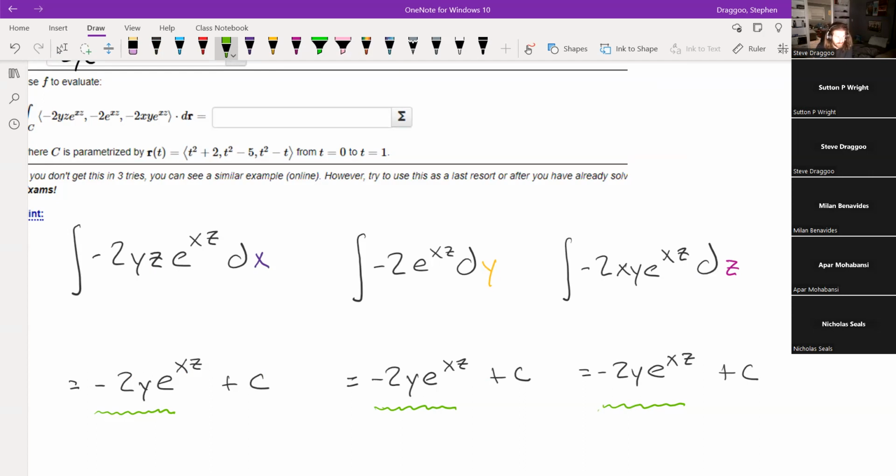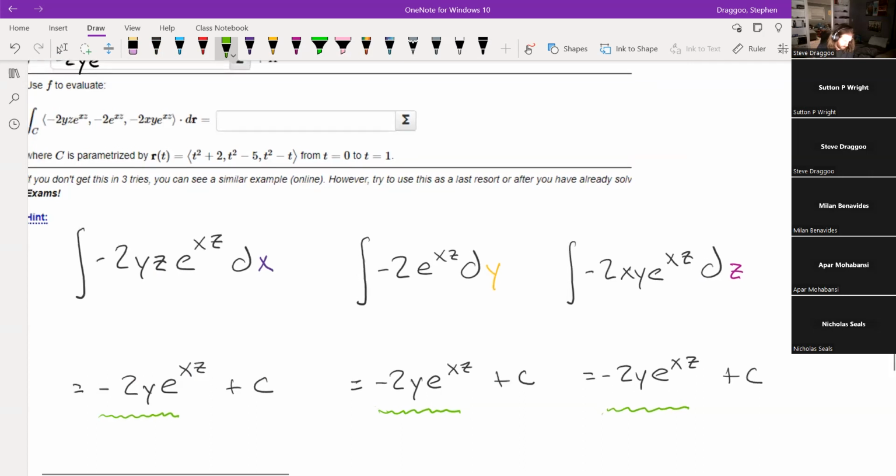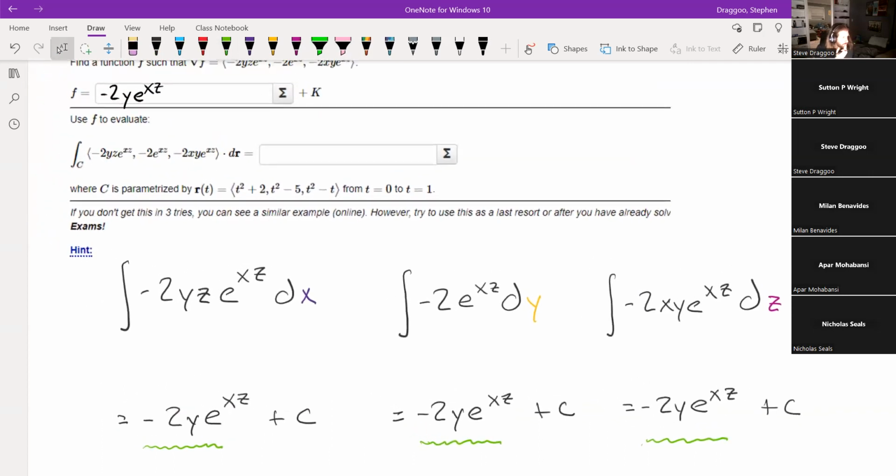If there were any additional pieces in here, I'd have to include them in the original function as well. But in this case, I only get the same expression that keeps showing back up, negative 2y e to the xz. So that would be my original function. And I can verify that by taking each derivative again and seeing that I get the gradient that I started with.